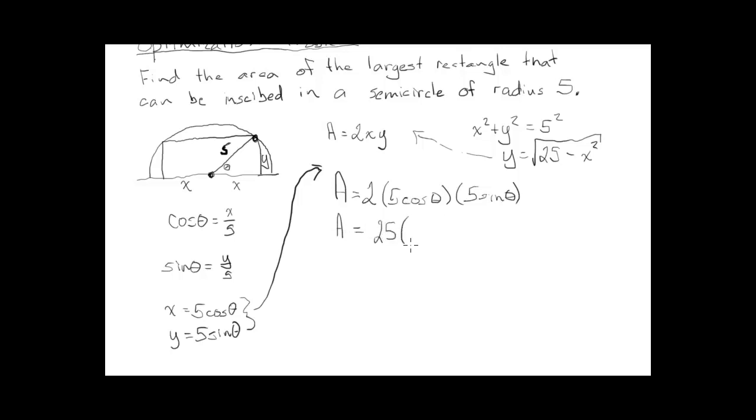I'm going to move the 2, so I'm not going to expand 25 times 2, and the reason is that's going to let me simplify this a little bit. Notice this thing right here inside the bracket, that's your double angle formula for sine 2 theta. Right? Sine 2 theta equals 2 sine theta cos theta. So I'm going to make that substitution. Now the area is equal to 25 times sine of 2 theta.